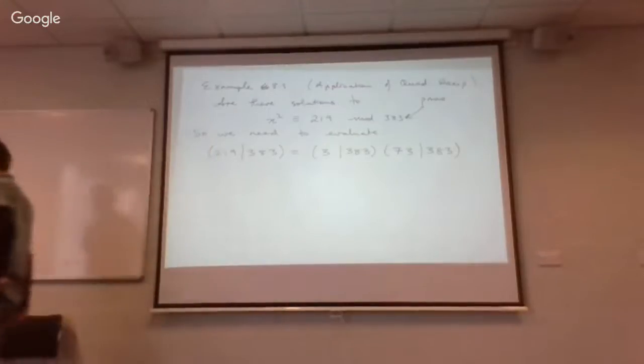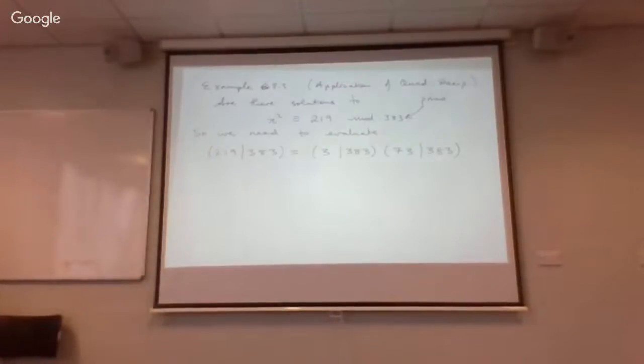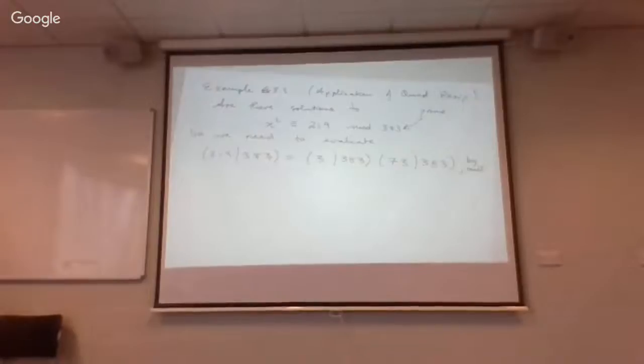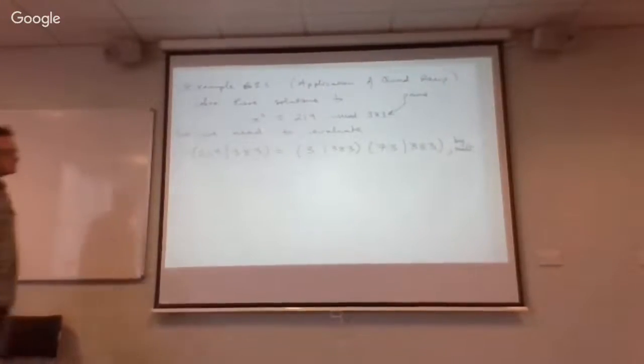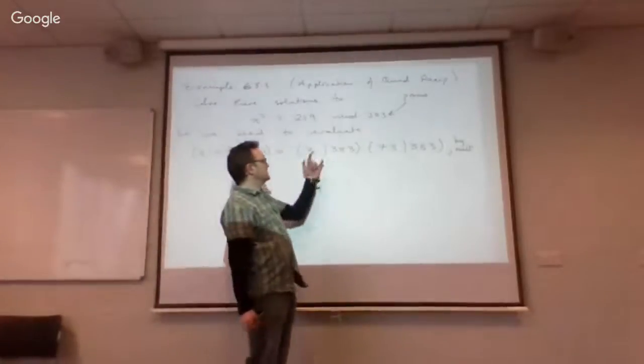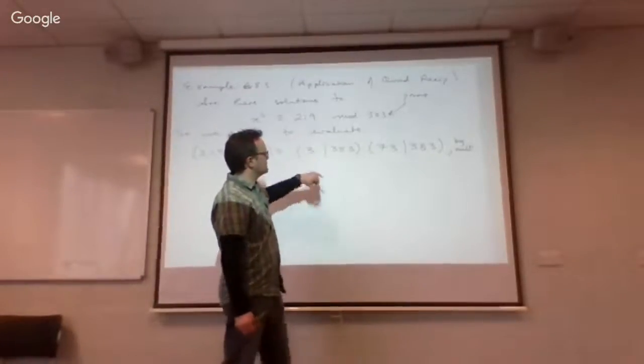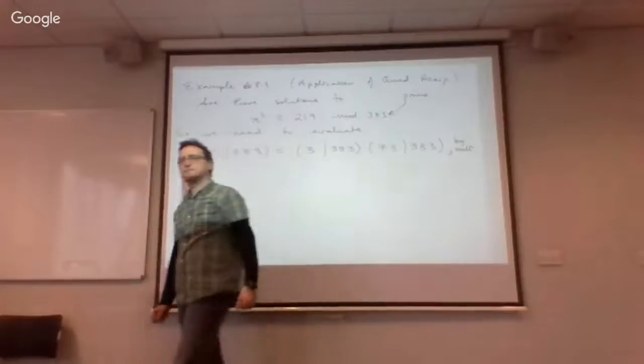Okay. That's by using the multiplicative property, which allows you to factorize the Legendre symbol in the first position. And now we'll use quadratic reciprocity to flip each of these. 3 is a prime and 73 is a prime.